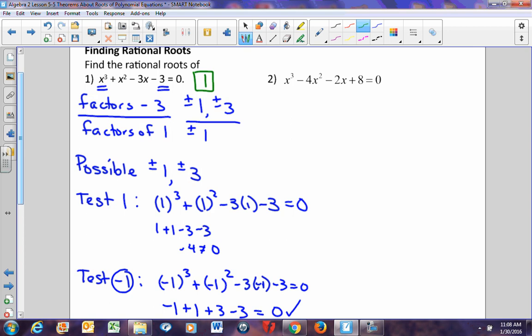We want to find the possible rational roots for x^3 - 4x^2 - 2x + 8. So we need factors of 8 over factors of 1.